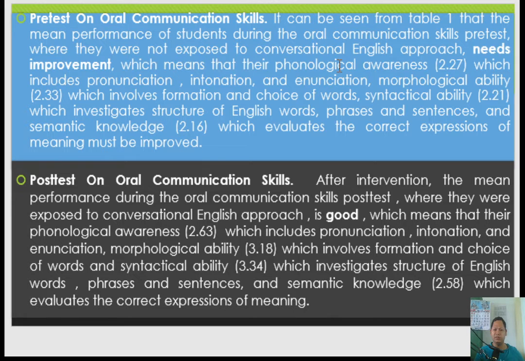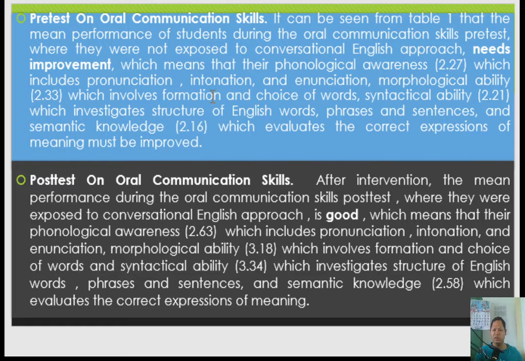It can be seen from the table 1 that the mean performance of students during the oral communication skills pretest, where they were not exposed to conversational English approach, needs improvement, which means that their phonological awareness 2.7, which includes pronunciation, intonation, and enunciation, morphological ability 2.33, which involves the formation and choice of words, syntactical ability 2.21, which investigates structure of English words, phrases, sentences, and semantic knowledge 2.16, which evaluates the correct expressions of meaning must be improved.